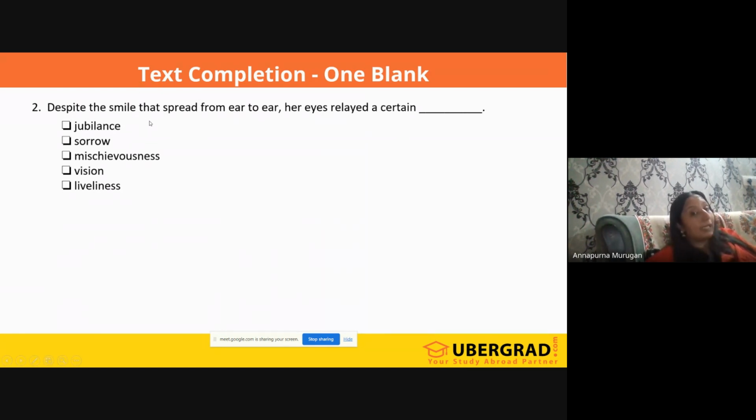So now let us try to follow this. Despite the smile that spread from year to year. So the smile is what? Positive thing. The smile is spreading from year to year. That means here in the next blank, what we need to say? Smile's opposite is what? Something sad, isn't it? So we got the answer here.